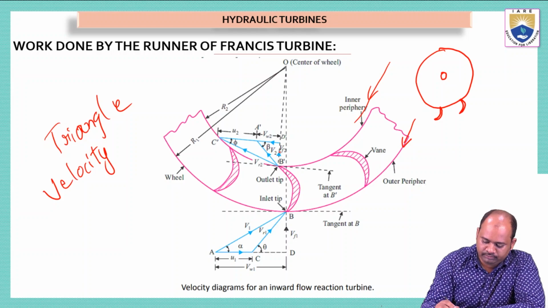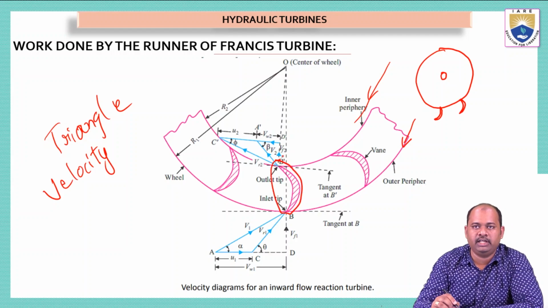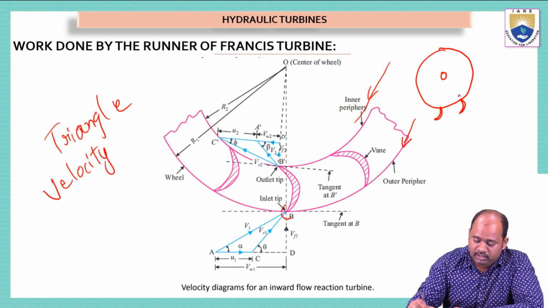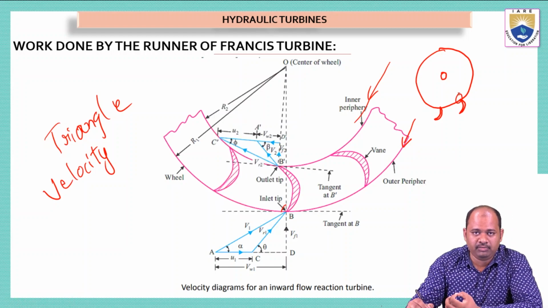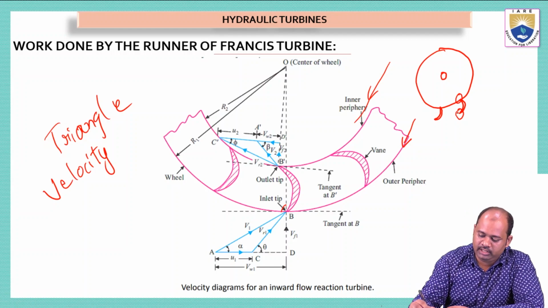Now see here. Here, this point, if we consider this, particularly the center one, the center vane is considered. See here, this is inlet. Just now we have seen this is the inner end of the vane and this is outer end of the vane. But for water that is entering in an inward radial flow turbine, this point is inlet.